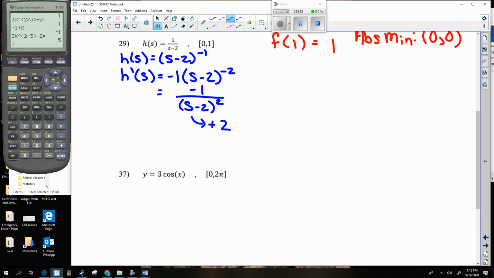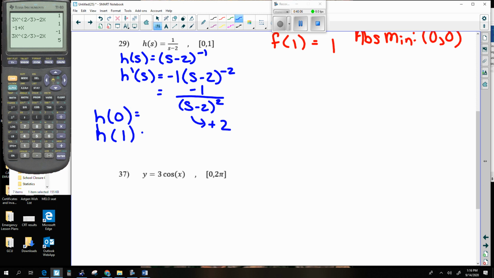However, notice how that does not come in the range of our interval. Doesn't play into our interval. So even though it would be a critical number if our interval was wider, we're not looking at anything beyond 0 to 1. So our entire candidates test is just at the two endpoints because the 2 doesn't fit in there.